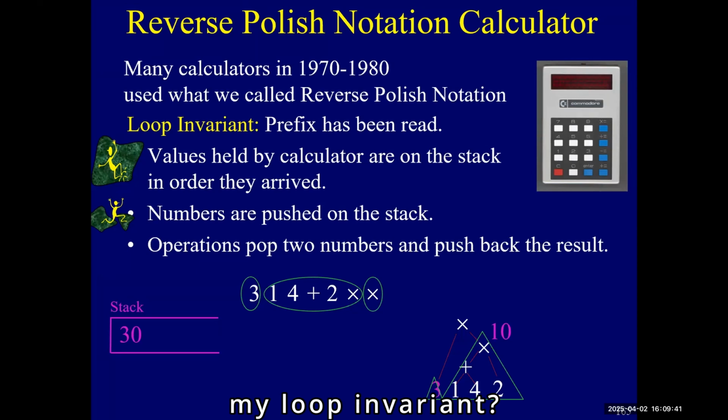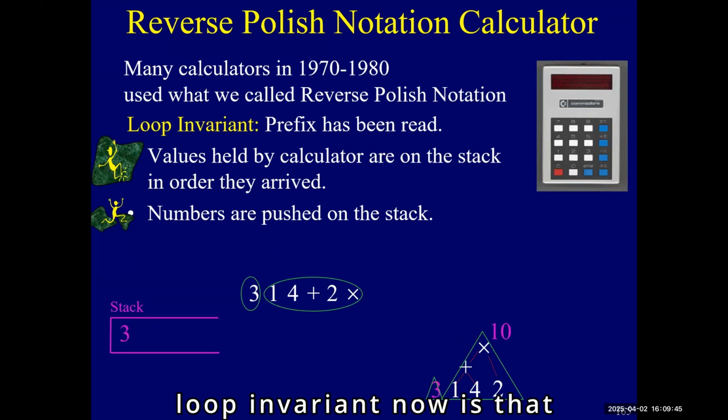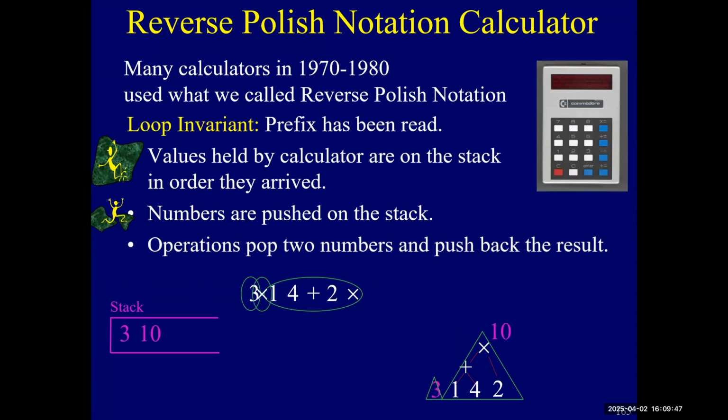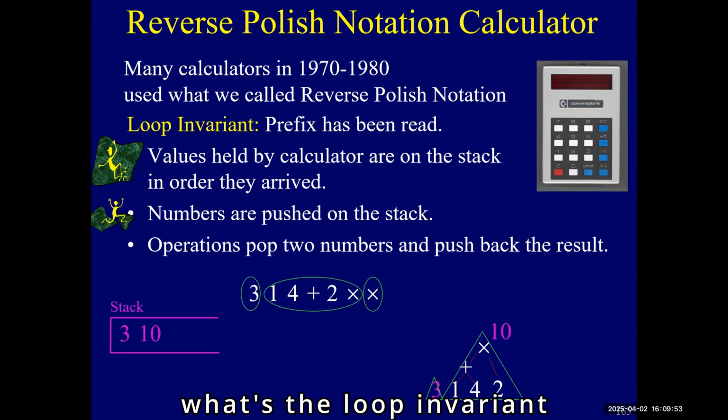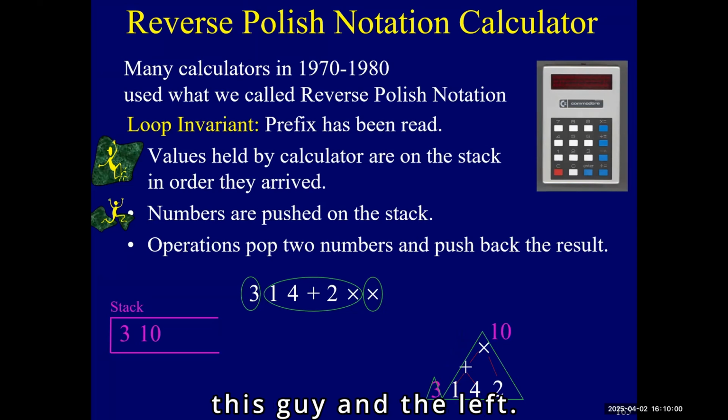What's my loop invariant? I figured out my loop invariant now, is that when I get the times, the left subtree of times is this guy, and we got the right subtree and then the left subtree, right? That's my loop invariant.